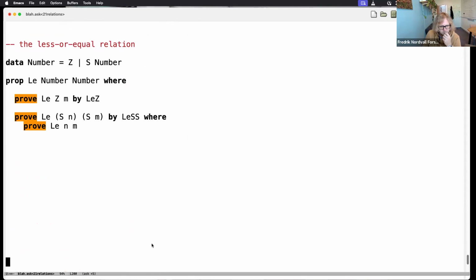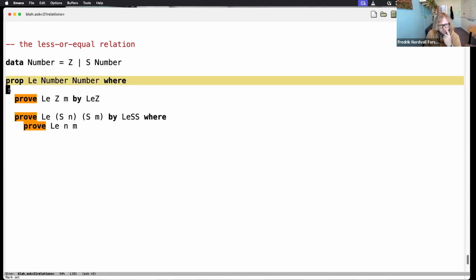Right. So here, welcome back to the world of spuds and lemons. Here's a definition of the less than or equal relation. There's a new kind of proposition.